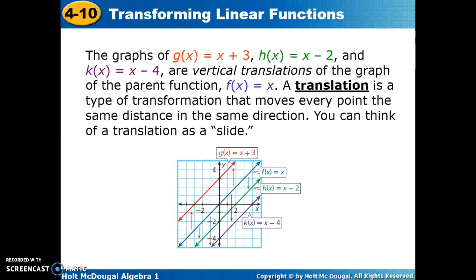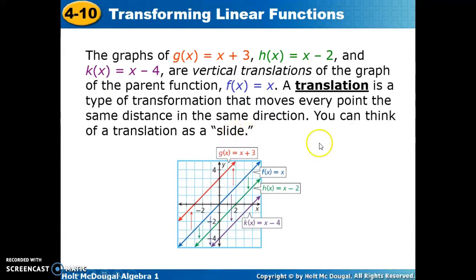And here's the explanation. These are called vertical translations. A translation is a type of transformation that moves every point the same distance in the same direction. You want to get that definition into your notes. A translation is a slide, taking every point the same direction and the same distance.